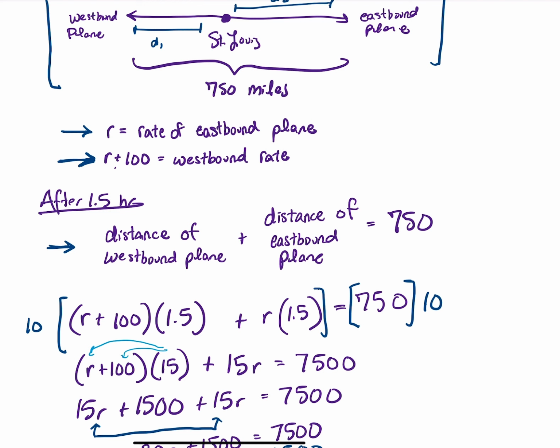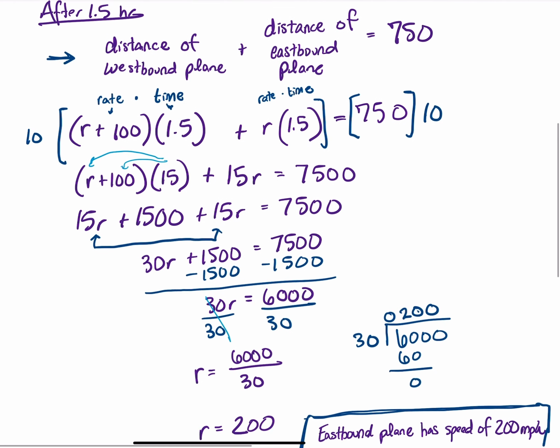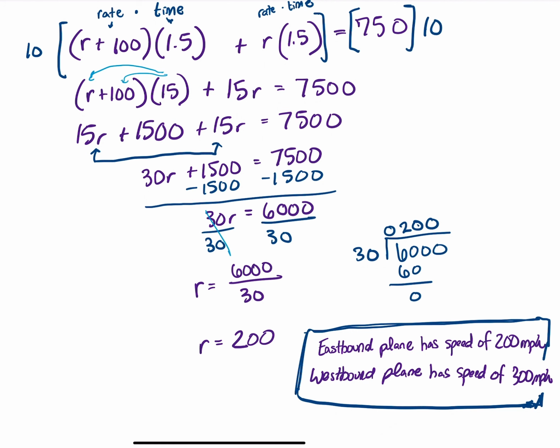Here we are using the fact that distance is rate times time for each of these. The rate of the westbound plane, which was r plus 100, times the amount of time that went by. Similarly, the distance of the eastbound plane is r, the rate, times time. These 2 distances added up equals the total amount. And then from there, we just need to solve it like we're solving an equation, so we can go back into solving equation mode.